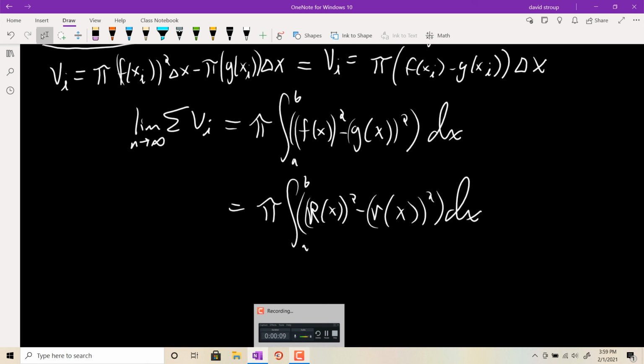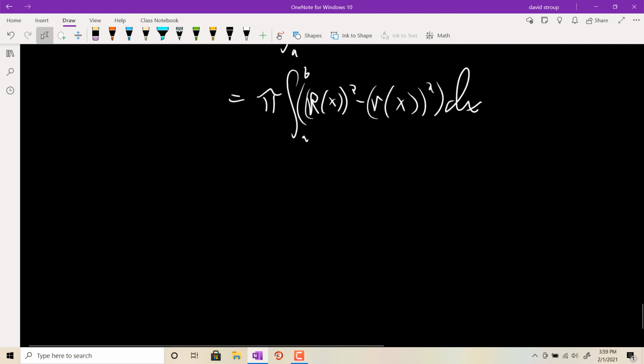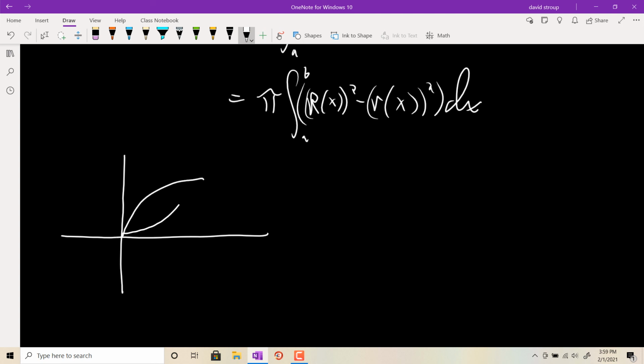Clearly, we can worry about x-axis and y-axis rotations. For x-axis rotations, you may have some region like this that we're rotating about the x-axis, and then your rectangles and your Riemann man orientation. So we have a g of x and an f of x, and this rectangle is at location x sub I for change in x.